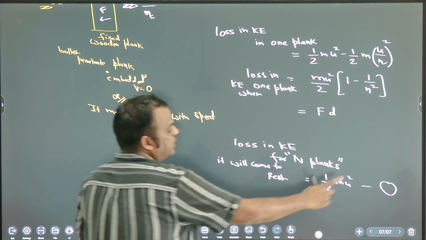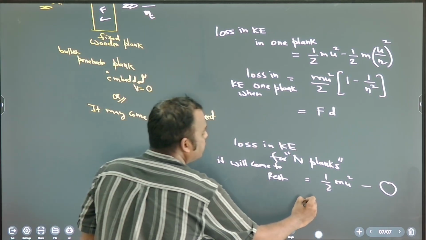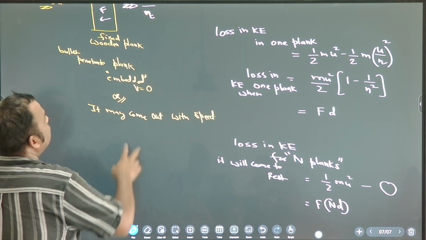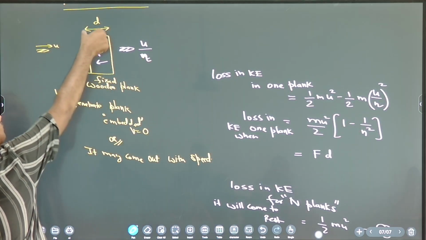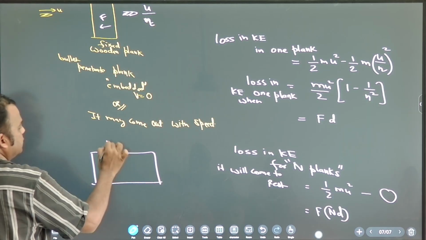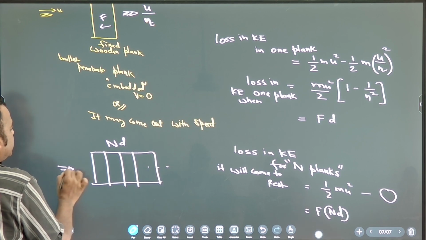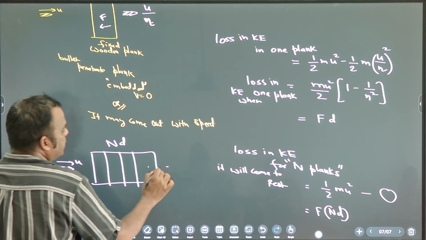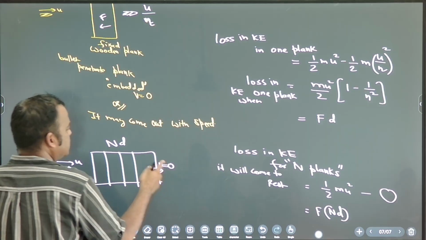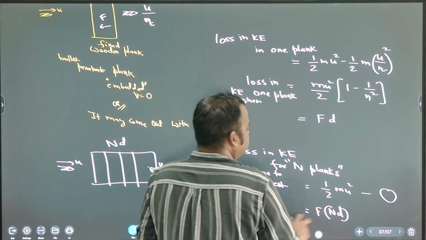So this will be equal to F into N d. What is the length of one plank? d. So what is the length of N planks? N d. Bullet is going with the speed u, and finally its velocity will be 0. So this is equal to F into N d.